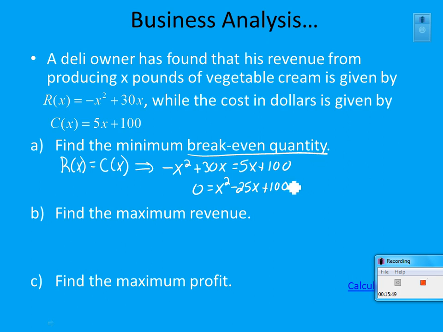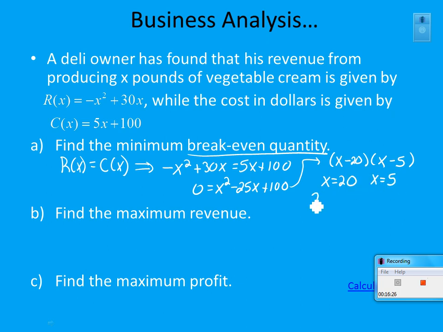Well, I need to figure out when that's equal to 0, so I'm going to try to factor it. So I have an x and an x. I need two numbers that multiply to be 100 that you can make add up to be negative 25. So I'm going to use negative 20 and negative 5. So it looks like we're going to break even 2 times. Whenever x equals 20 and whenever x equals 5.